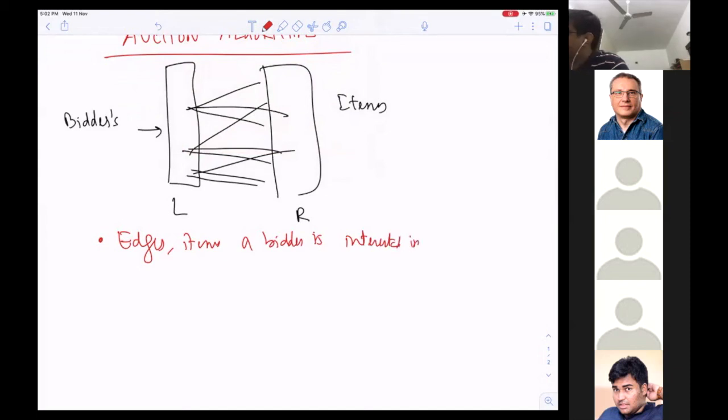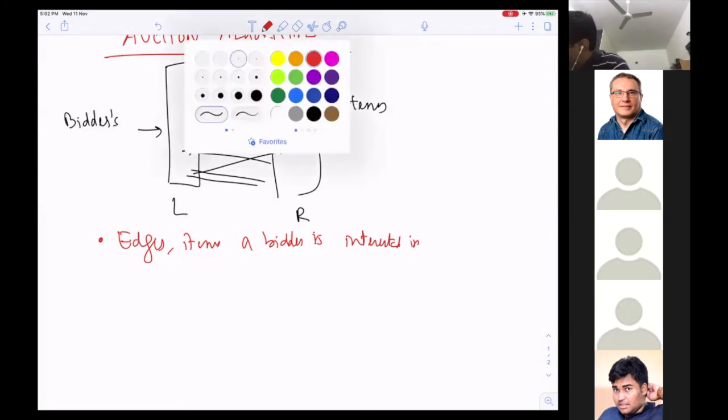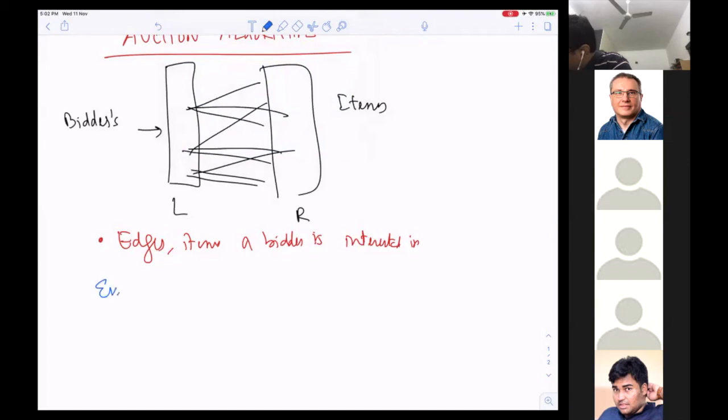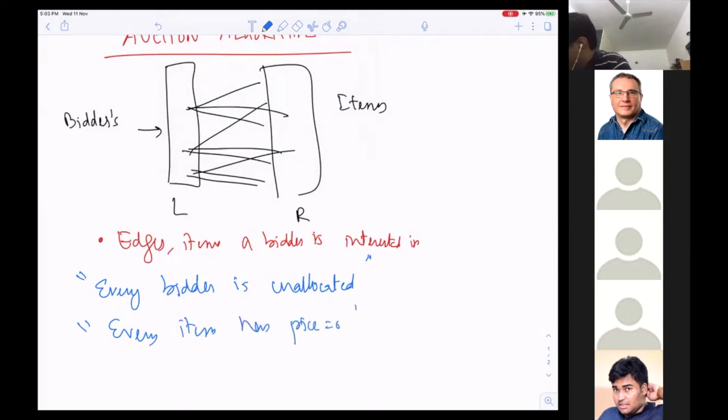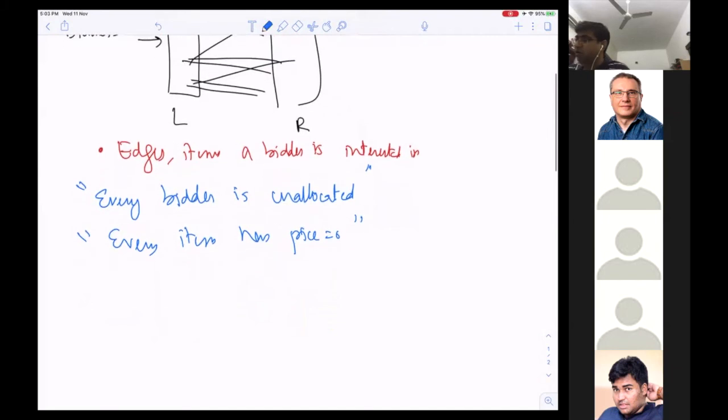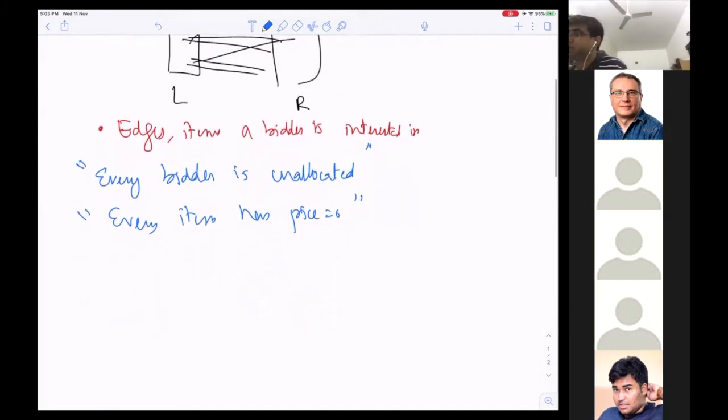In the beginning, every bidder is unallocated, and every item has price 0. So in each round, what will I do?